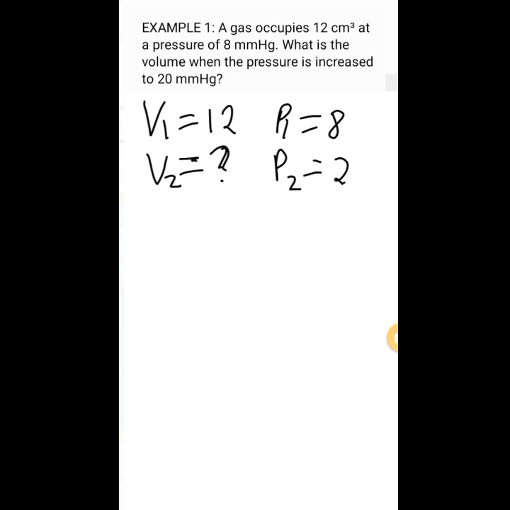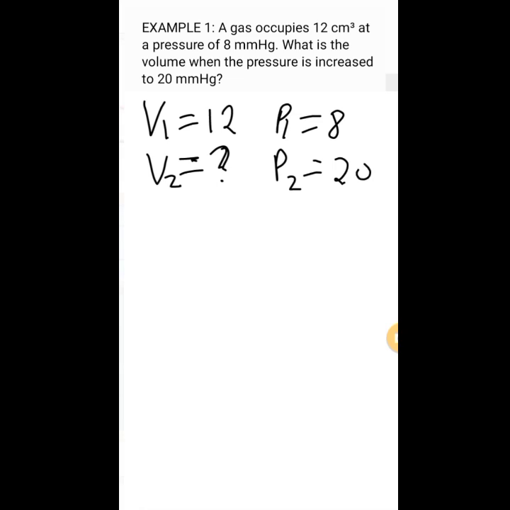From the question above, our V1 is 12 cm cube, our P1 is 8 millimeter height of mercury, our V2 is unknown, so you have a question mark here, and our P2 is 20 millimeter height of mercury.